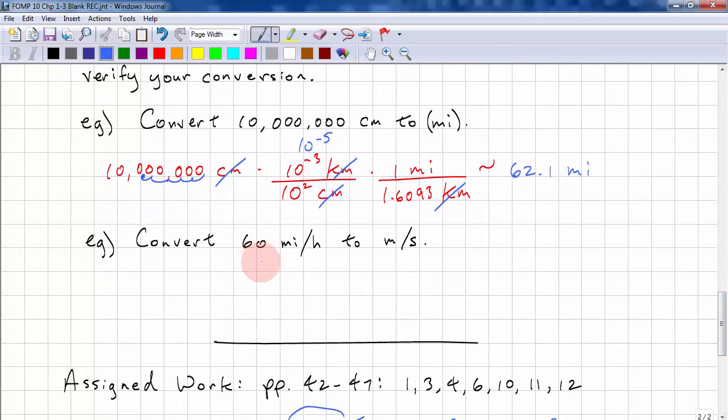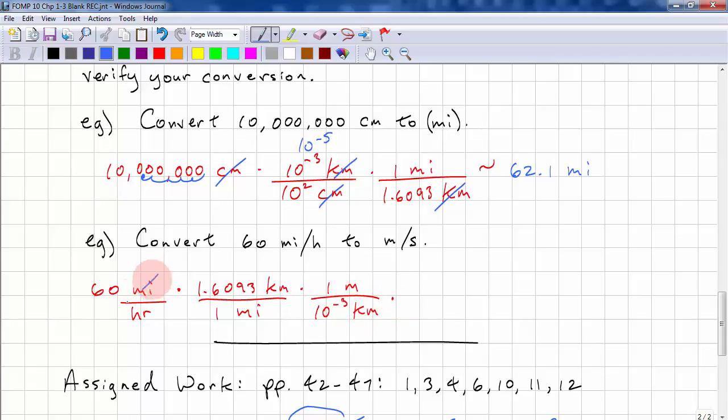Okay, here's a slightly harder one. Let's convert 60 miles per hour into meters per second. 60 miles per hour times 1.6093 kilometers per mile, and we need to multiply this by 1 meter over 10 to the negative 3 kilometers.